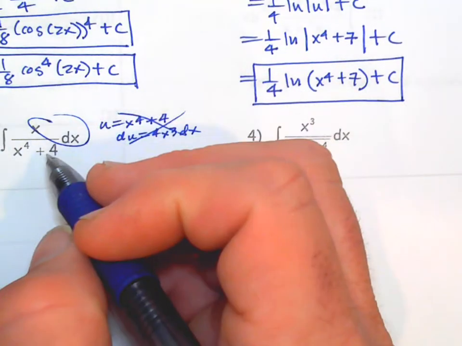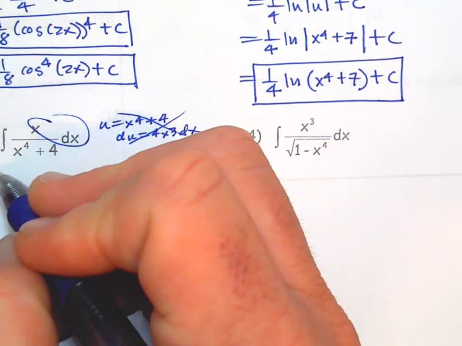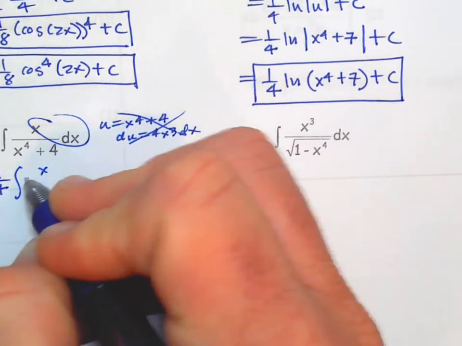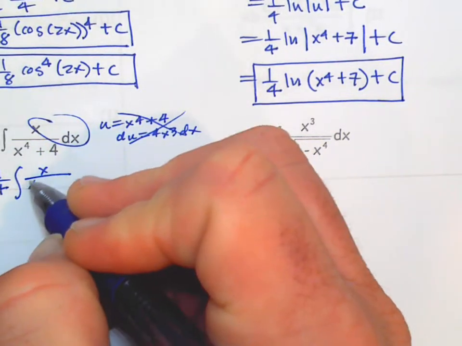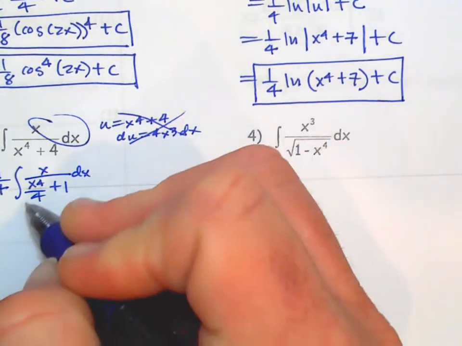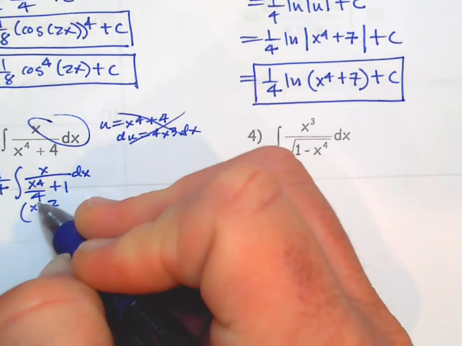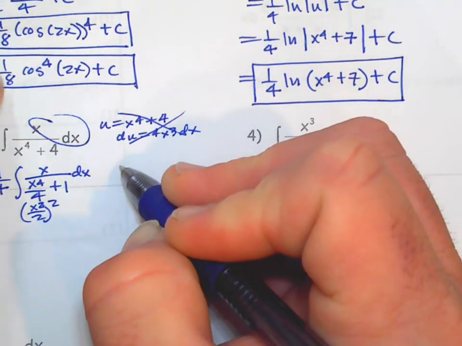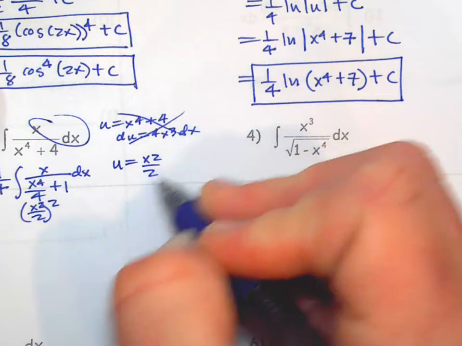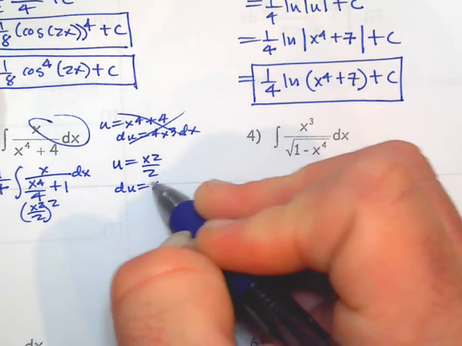So we're going to need to factor 1/4 out of everything in the bottom. And then that would be your u, x squared over 2. u equals x squared over 2, du equals x dx.